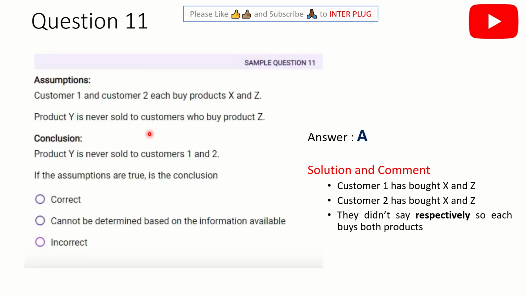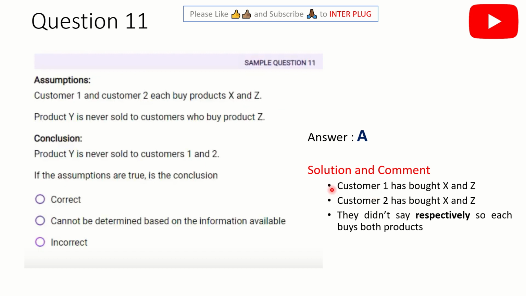We move on to question 11. Question 11, assumption conclusion question. So they say customer 1 and customer 2 each buy products X and Z. Product Y is never sold to customers who buy product Z. Conclusion: product Y is never sold to customers 1 and 2. So now let's analyze this.